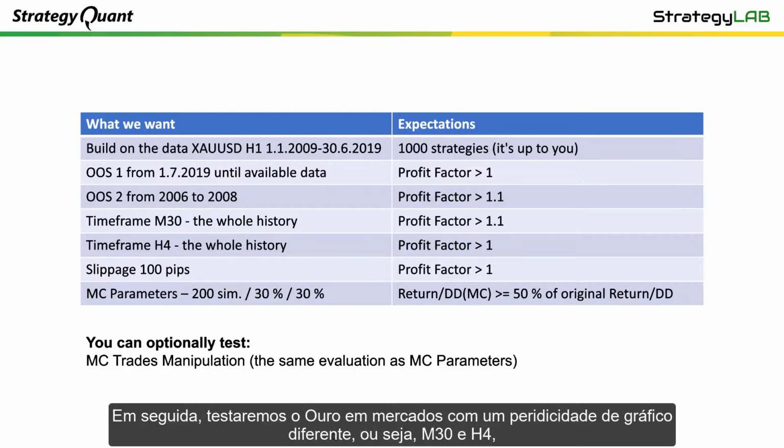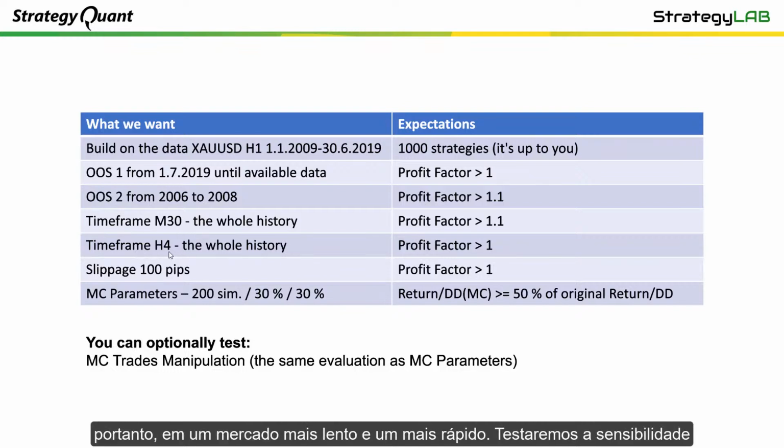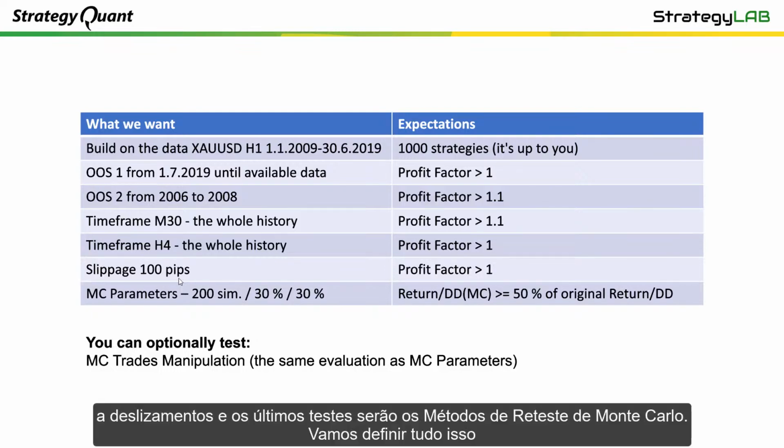Next, we will test gold in markets with a different time frame, namely M30 and H4, so on slower and faster market. We will test for sensitivity to slippages, and the last test will be Monte Carlo retest methods.